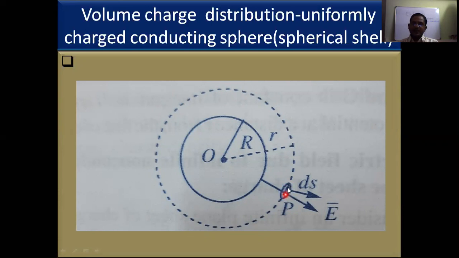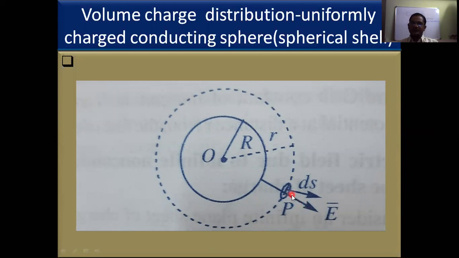The direction of ds bar will be perpendicular to this area element, in this direction. The electric field strength at this point is radially outwards. E bar direction is also perpendicular to the surface at that point. So it is very clear that at this point, ds bar and E bar are both in the same direction. So what is the angle between ds bar and E bar here?